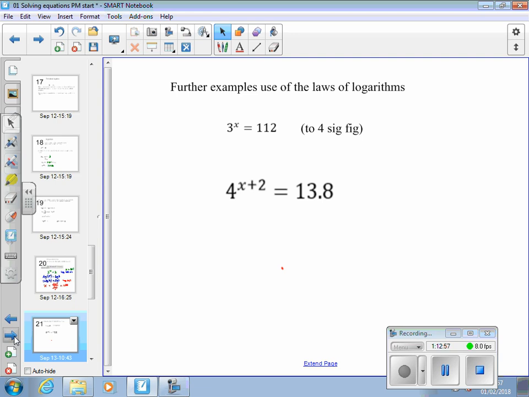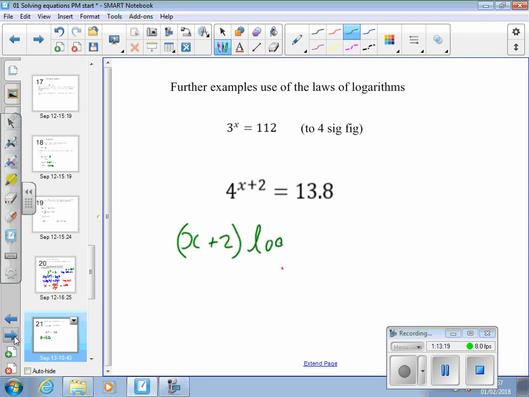Remember, we want that term on its own, away from being part of that law. By that third law, we can put x plus 2 times log of 4. That is still equal to 13.8 at the moment, because all we've done is write it in a different way.